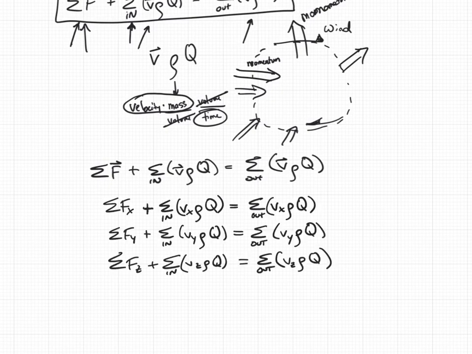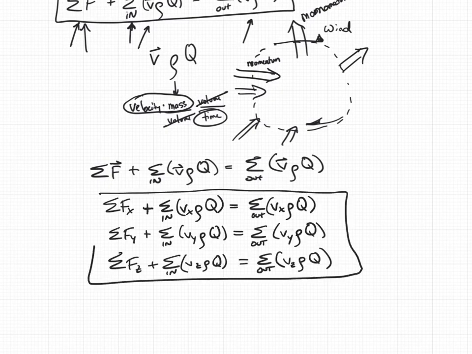Noting that the velocity is the only vector quantity, Q is a scalar. All Q is doing is carrying the momentum in or out. How much momentum it carries depends on how much velocity we have in the x direction. That's how this works.